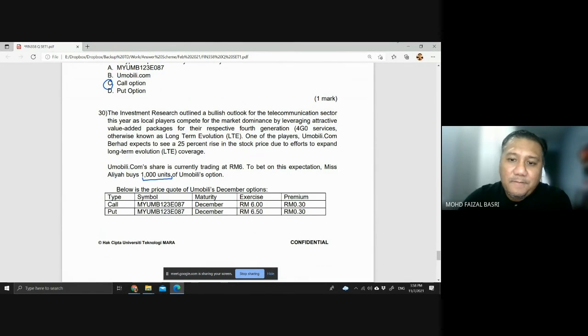Okay, so call. Exercise price dia RM6. So maknanya ni, sebab dia call ni adalah purchase price dia, purchase cost dia, and this is the premium 30 cents. And dia akan increase. Sekarang harga RM6, then dia akan increase to 25%. So the price will be RM6, naik by 25%.